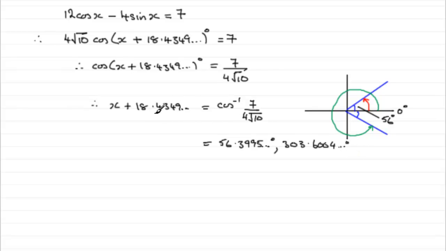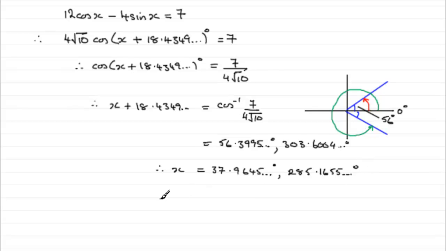Now take your 18.4349 degrees from each of these, and that will leave you with your x. So if you do it from the first one, you'll get 37.9645 and so on degrees, and if you take your 18.4349 away from this one, you'll get 285.1655 and so on degrees.